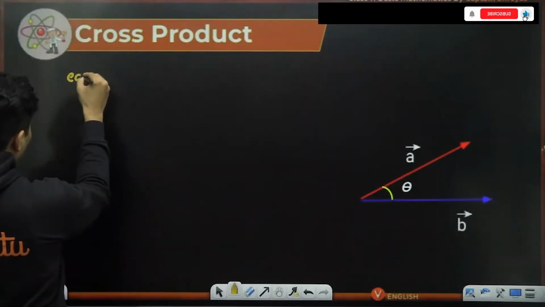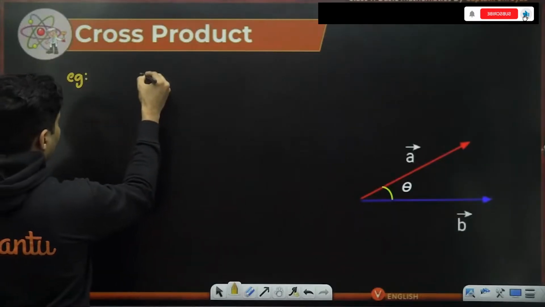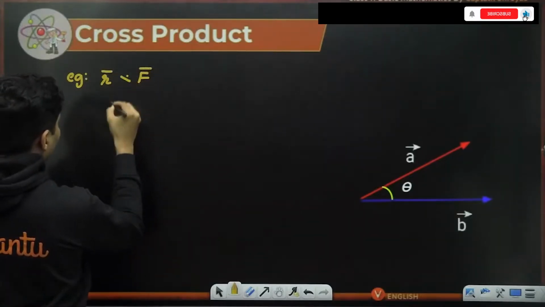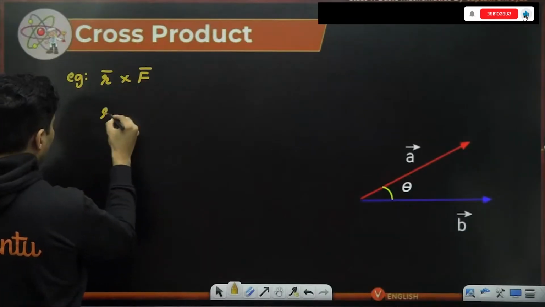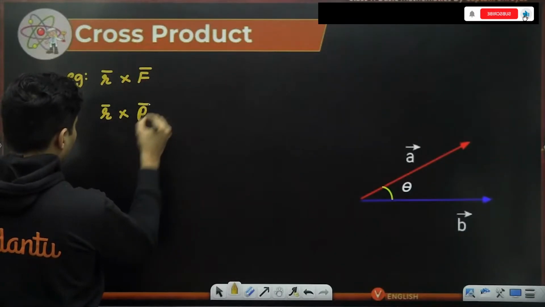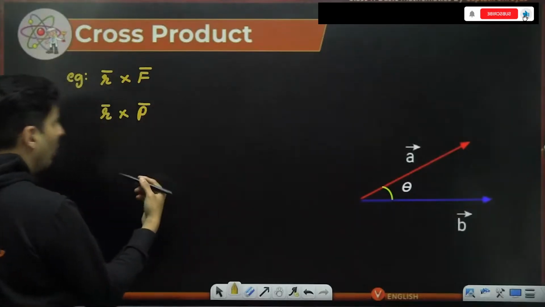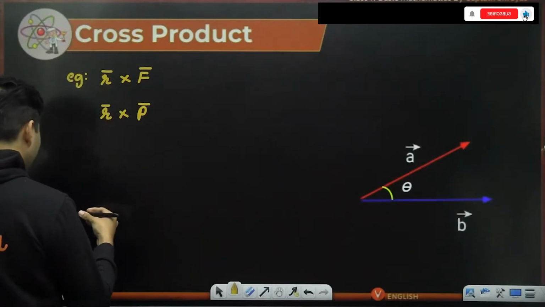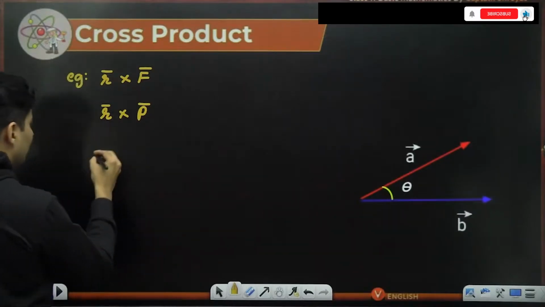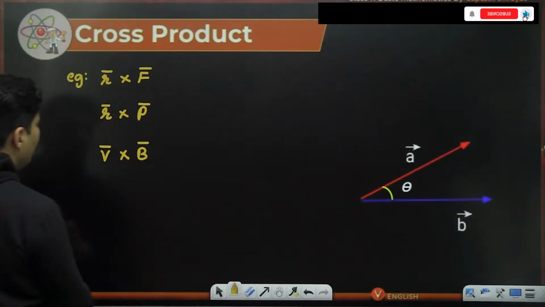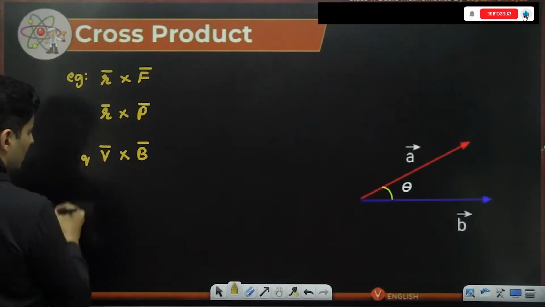Examples: like I take force and I take position and I multiply them. Or I take position and I take momentum and I multiply them. Or let's say you take velocity and you multiply it with magnetic field with the charge.